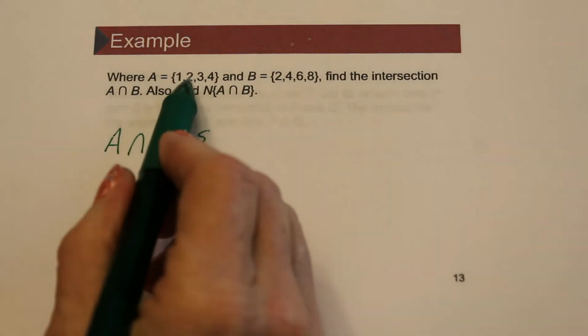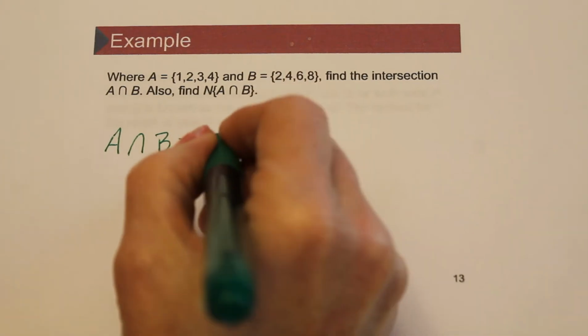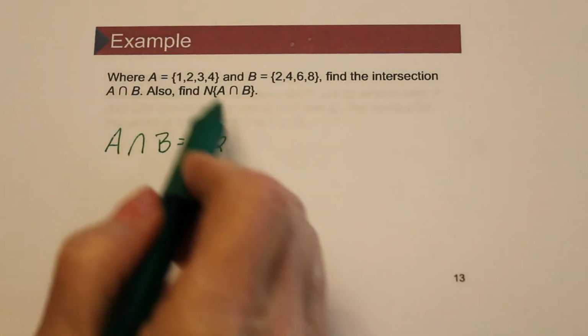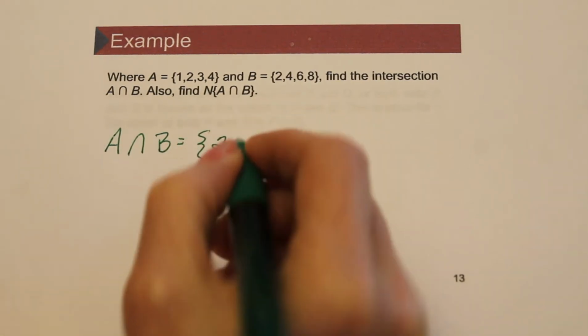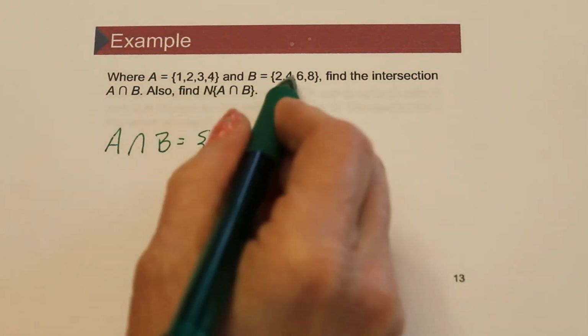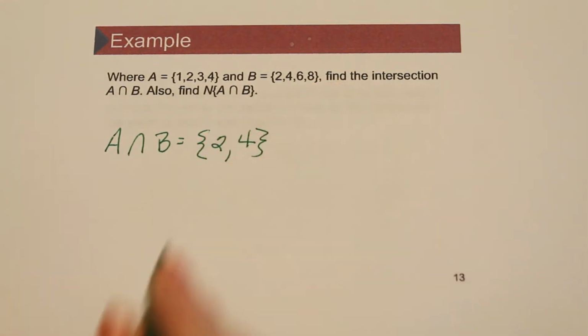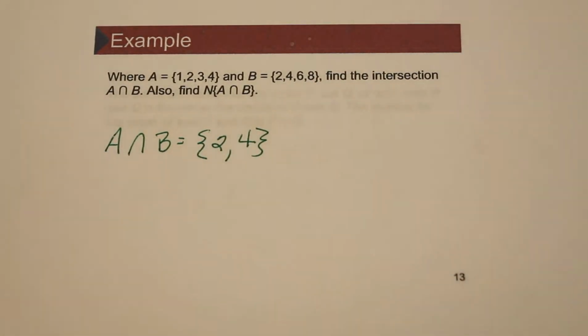No. 2, is 2 in set B? Yes. So it would be considered in the intersection. Is 3 in set B? No. Is the number 4 or the element 4 in set B? Yes. So the intersection of set A and B is the set with the numbers 2 and 4 in it.